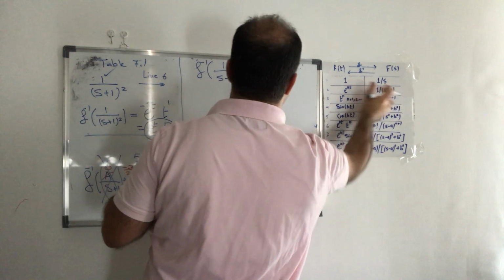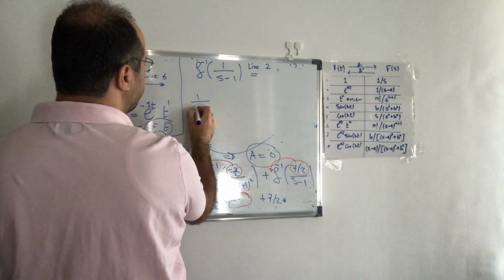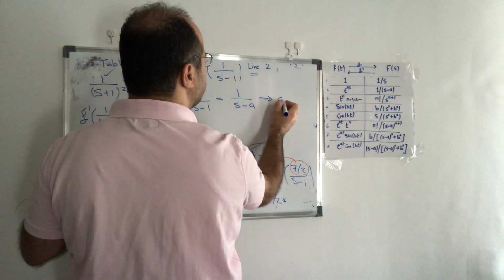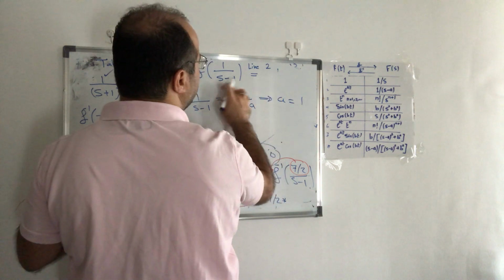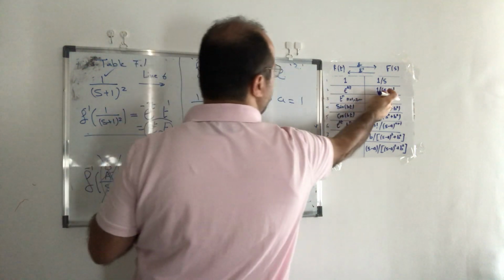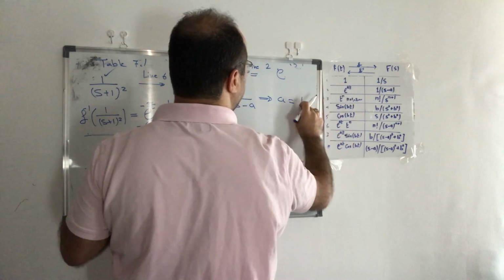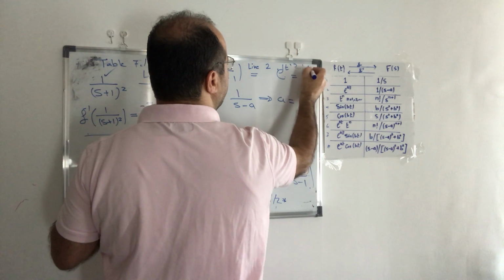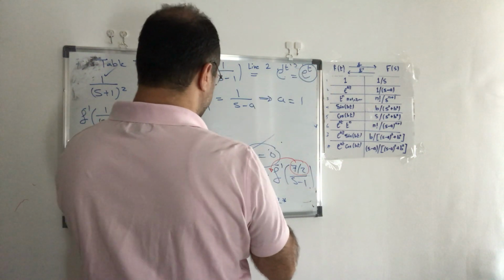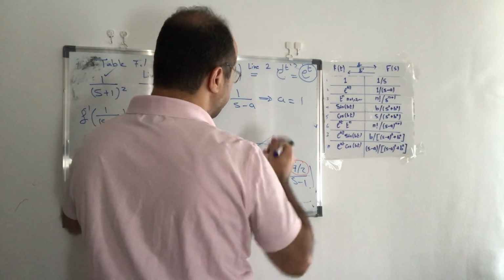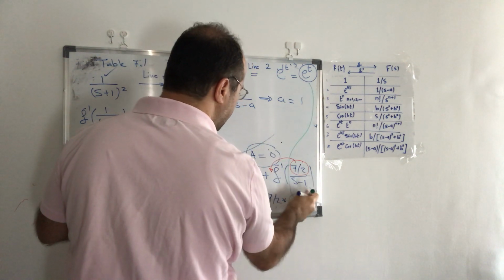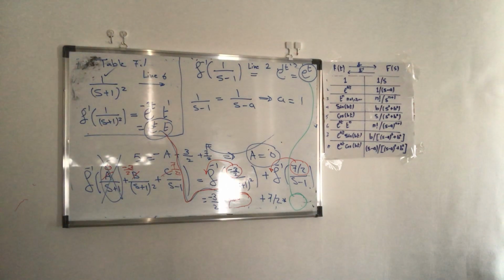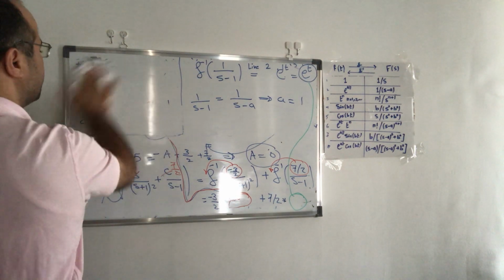If you compare this, 1 over S minus 1 should equal 1 over S minus a, then a should be 1, right? Then you will have e to the power 1t, then you have e to the t, right? This guy here should go to that place, and then you end up with your solution, the final solution.